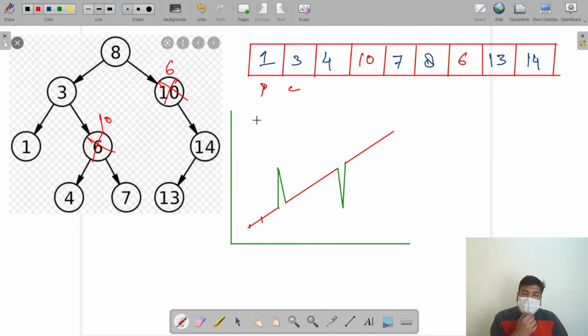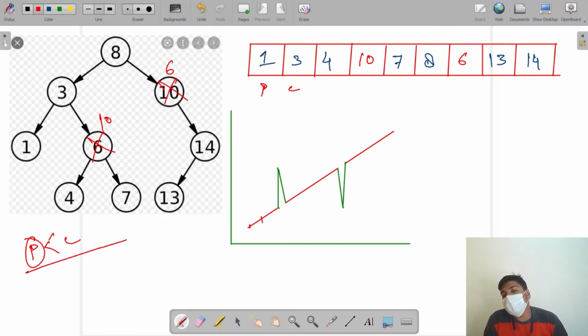First of all, tell me, what should be the order of this previous and current if this array is sorted? If it is sorted, then the relation is previous will always be less than current, right? Previous, the one that is coming before, will always be less than the one which is coming after that.